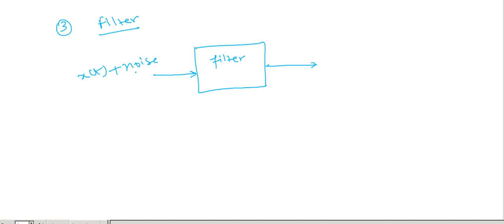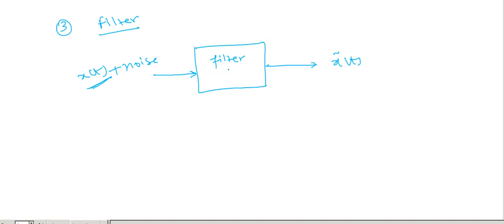Okay, so what we can do is pass it through a filter of a certain cutoff frequency, so that it can remove this noise. So what we want is the output signal to be an approximate replica of this x of t.